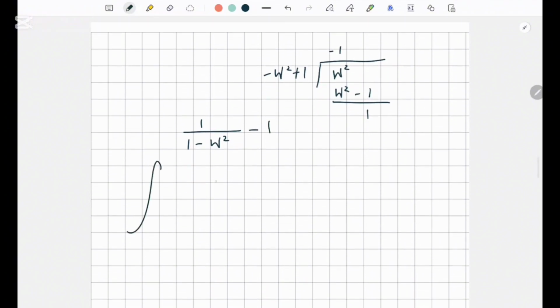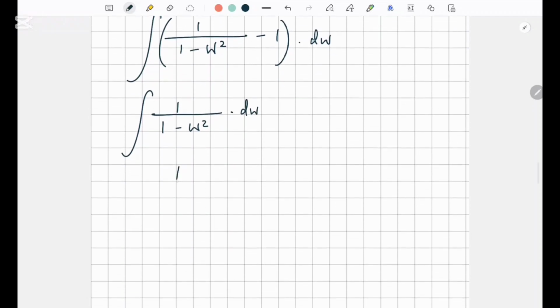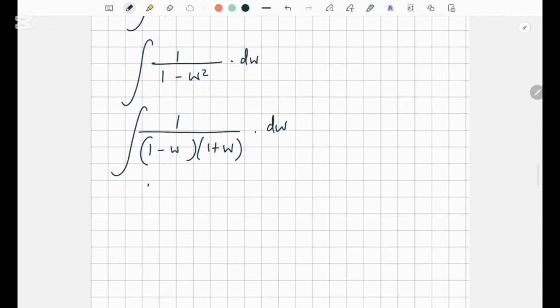This is what we need to integrate, and let's focus on the integration of 1 over 1 minus w squared. So you have to break that down into 1 minus w into 1 plus w. Now this feels like a never-ending question, right? So now we'll have to break this down into partial fractions.